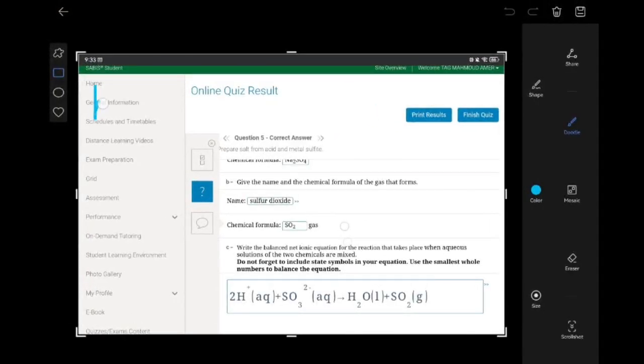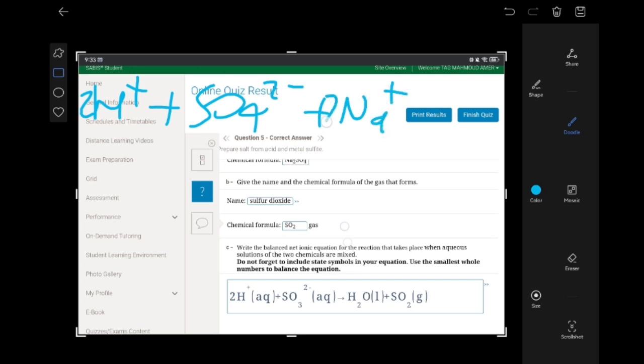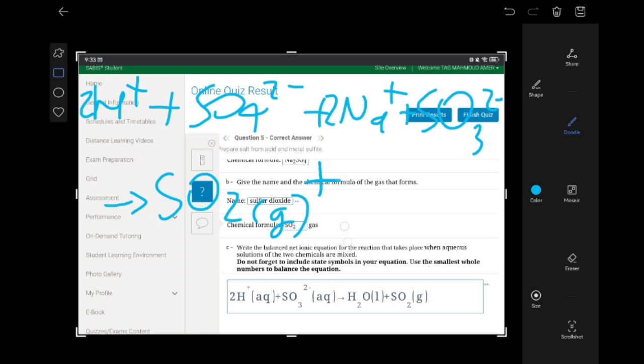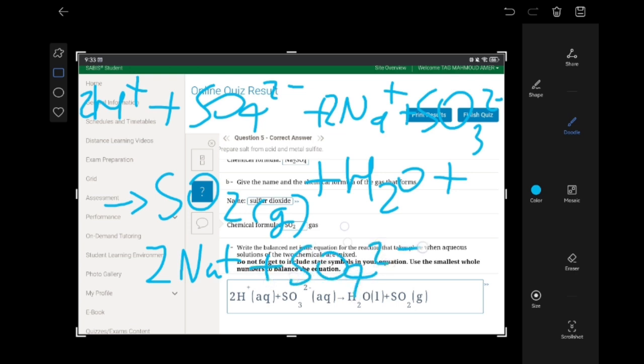So it was 2H plus, SO4 2 minus, plus 2 Na plus, SO3 2 minus gives you SO2 gas plus H2O plus 2Na plus SO4 2 minus.